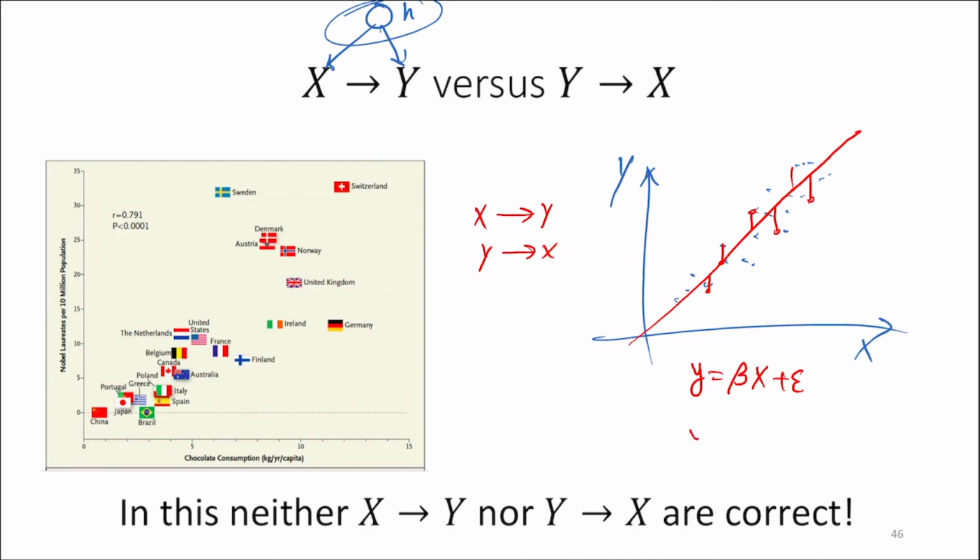If I compute the residual, these are IID. I won't go through the detail.